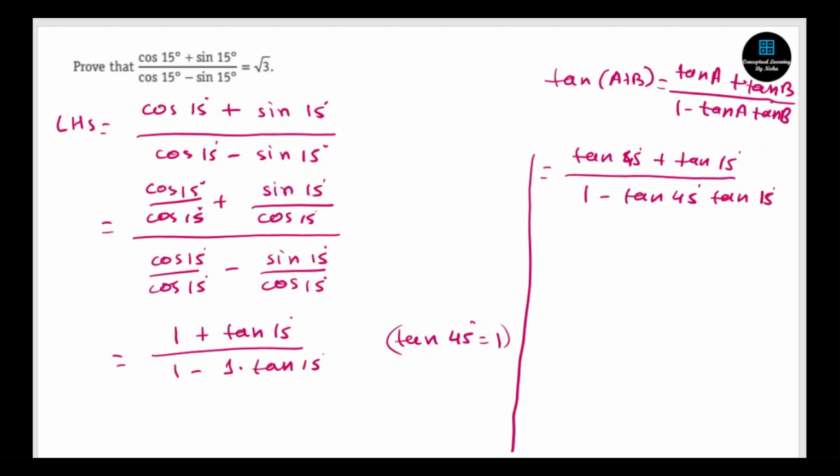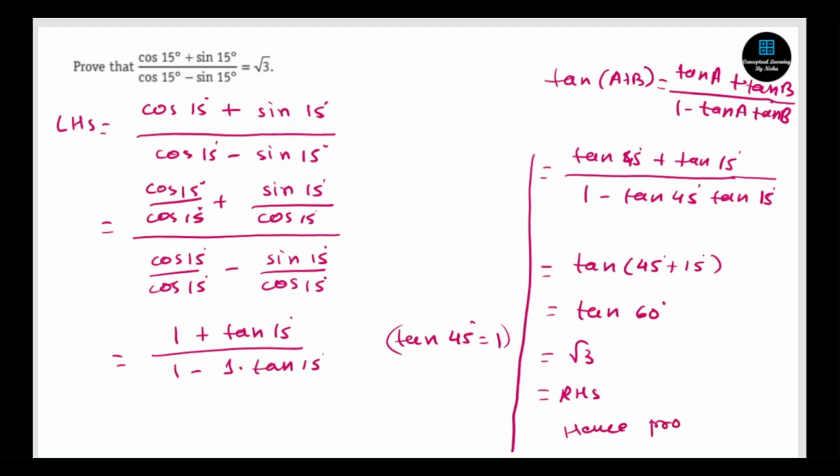So we have to apply the tan(A plus B) formula; we have converted 1 as tan 45. Now I can easily apply the formula, which is tan of 45 degrees plus 15 degrees, and I get tan 60 degrees, which is square root of 3, and that is the same as the RHS. Hence proved. I hope you understood this. Alright, perfect.